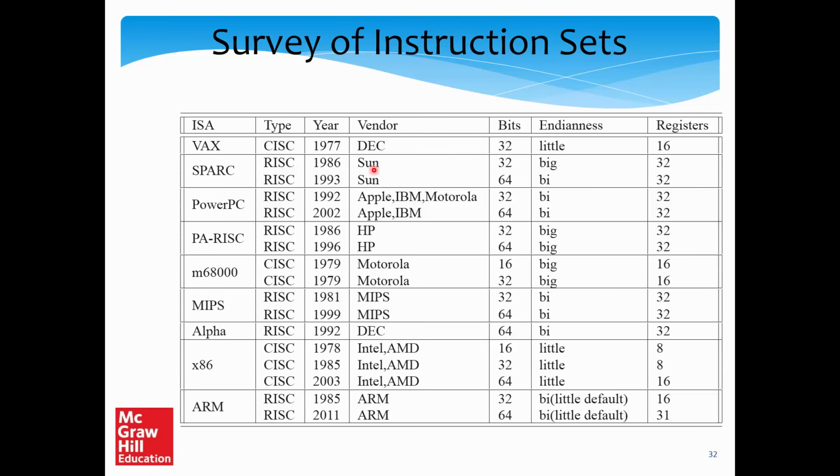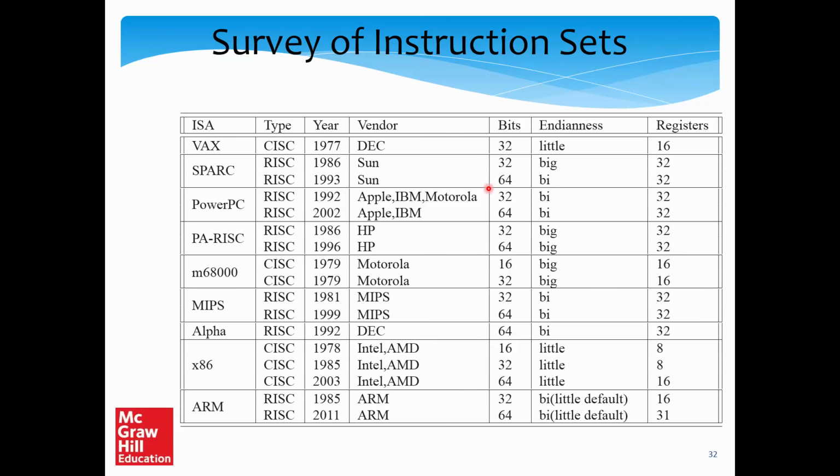Then, one of the more popular instruction sets was the Sun Sparc instruction set. There were actually two variants of Sparc. The 32-bit variant was introduced in 1986, and the 64-bit variant was introduced in 1993. What 32 bits means is that one instruction was 32 bits. In Sparc, the size of a register was 32 bits. So that's what it means to be a 32-bit instruction set.